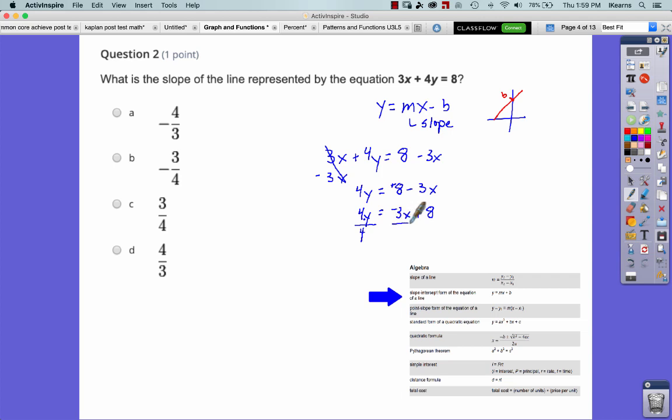If we divide each side by 4, these cancel out, and sure enough, we've isolated y. Y is going to equal negative 3/4 x, and 4 fits into 8 2 times, plus 2. So there's your y equals mx plus b version of the equation. And here is our slope. This is m, negative 3/4, which is right here. Okay?